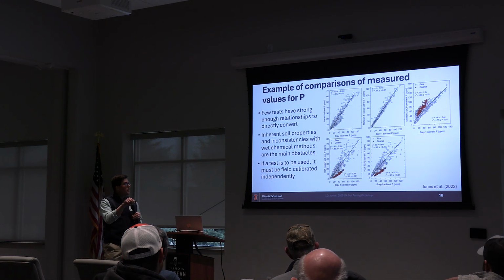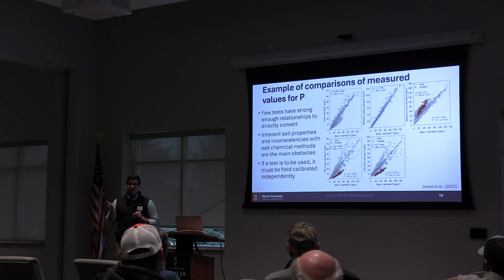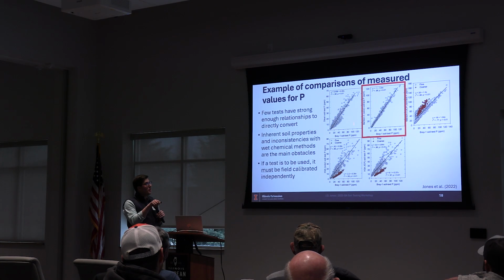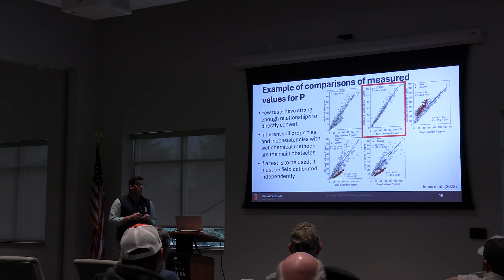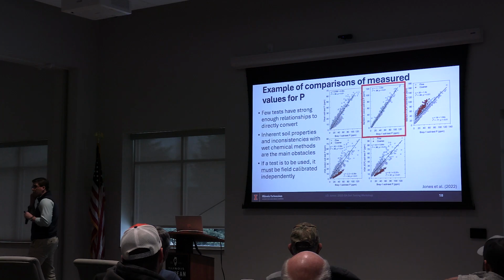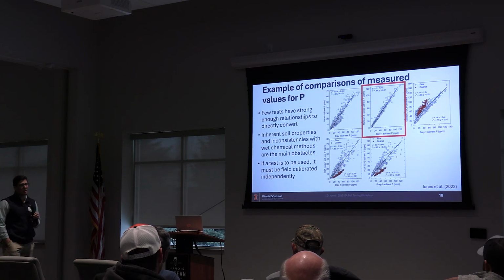Where this is important is that the need for independently calibrating these tests really becomes evident when we look at the relationships. Really, the only two tests that we have the best relationship for are the Bray-1 phosphorus test and the Mehlich-3 test that's determined colorimetrically, with an older, not very widely used method.